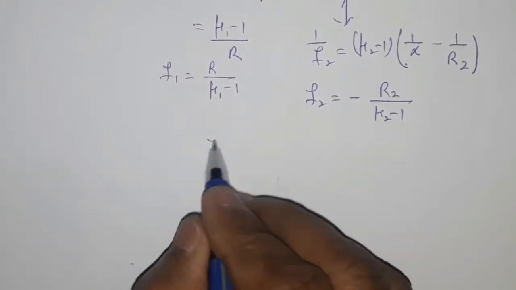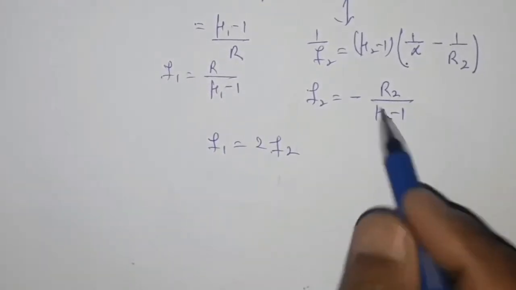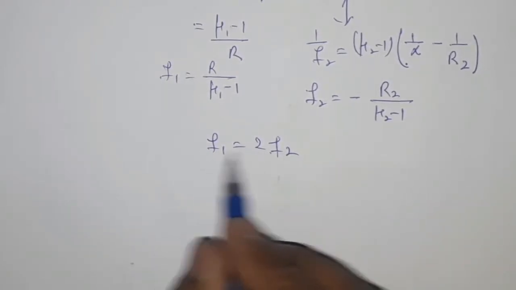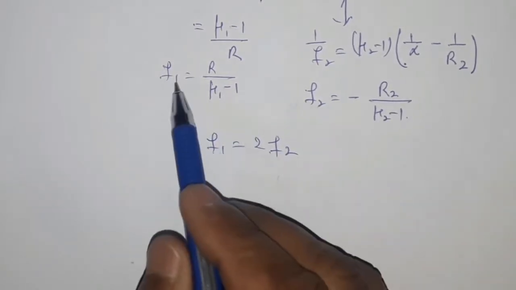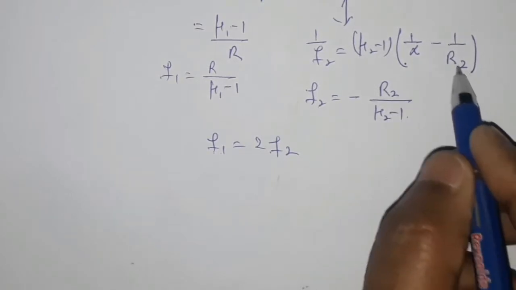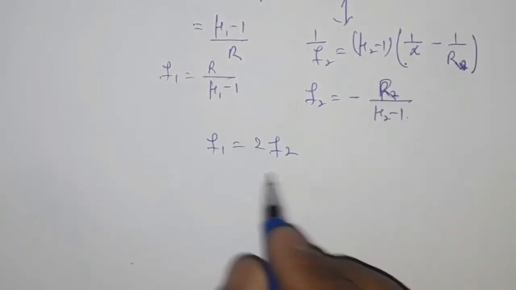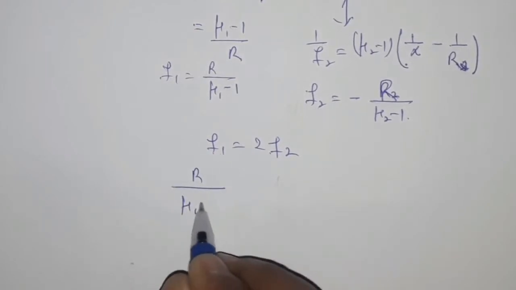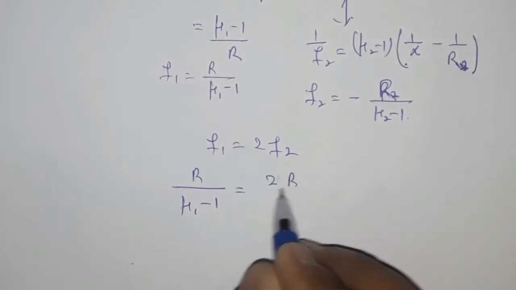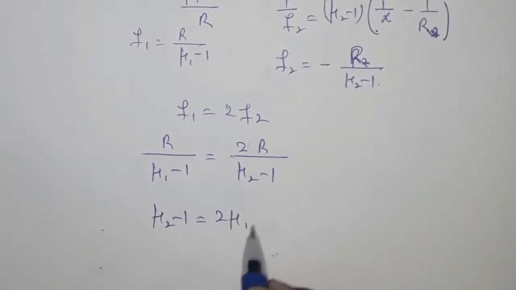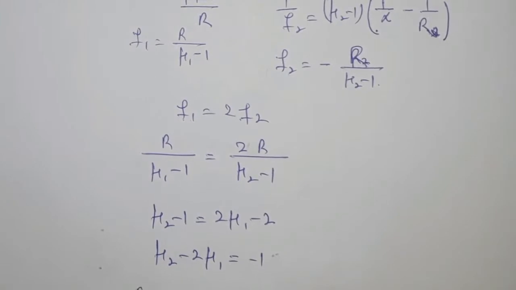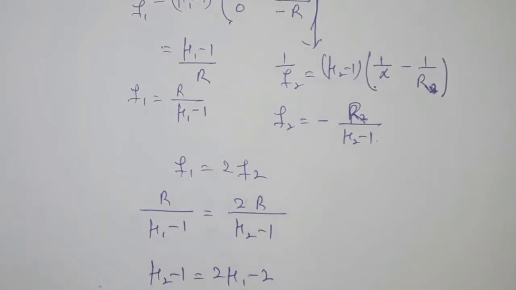But here it is given that f1 equal to 2 f2. So we will ignore this negative sign because we just need the relation with the magnitude of f2, which will be R2 by mu2 minus 1, and this is not R2, this is R only. So R upon mu1 minus 1 equal to 2R upon mu2 minus 1. That is mu2 minus 1 equal to 2 mu1 minus 2. That is mu2 minus 2 mu1 equal to minus 1, or 2 mu1 minus mu2 equal to 1. This will be the answer. That is option B.